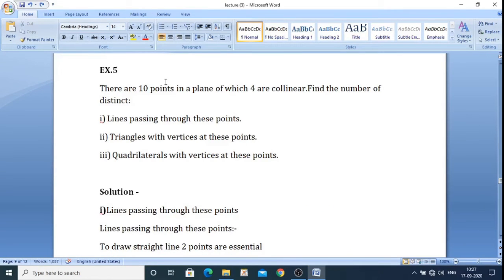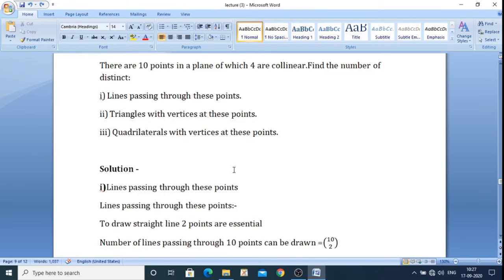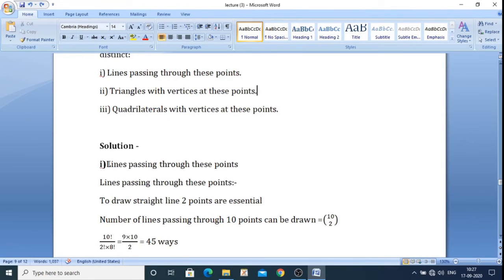Now let us see the next example, that is there are 10 points in a plane of which 4 are collinear. Find the number of distinct lines passing through these points, triangles with vertices at these points and quadrilaterals with vertices at these points. So the first part, lines passing through these points. There is a requirement of 2 points to draw a line, so to draw a straight line, 2 points are essential.